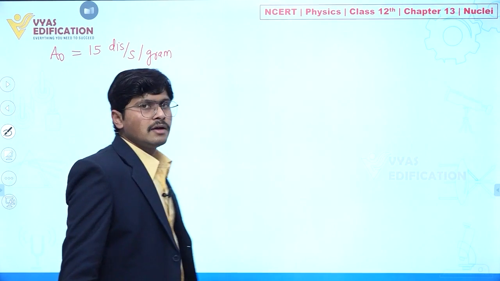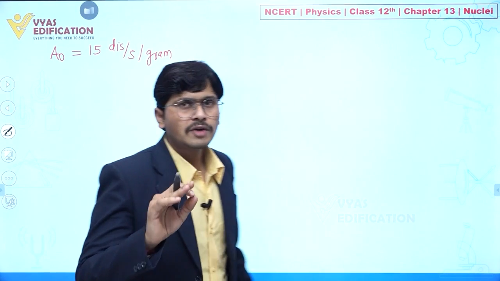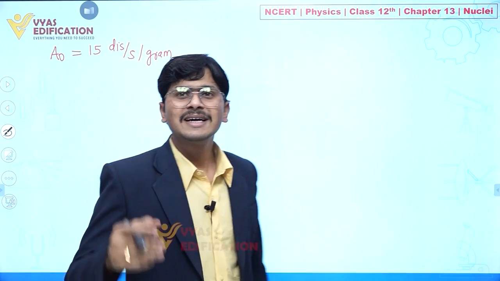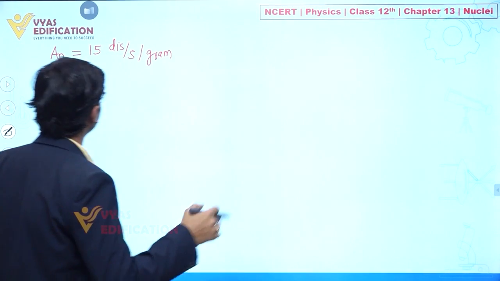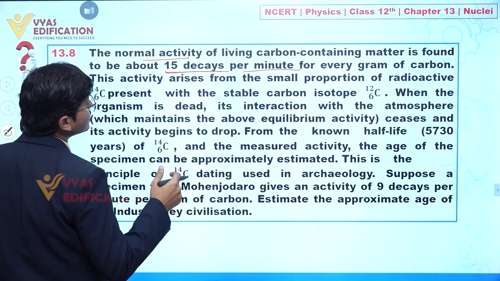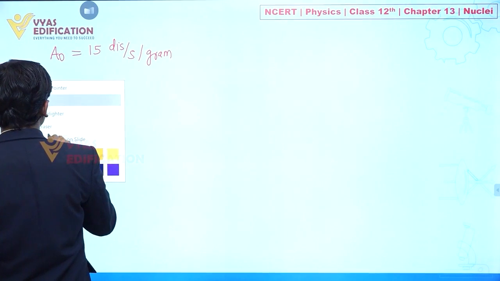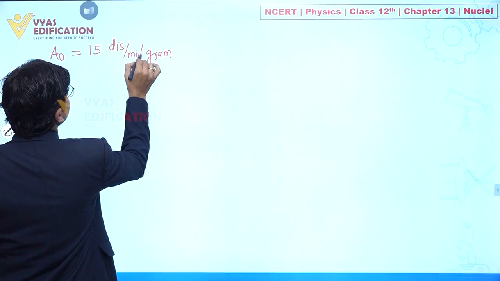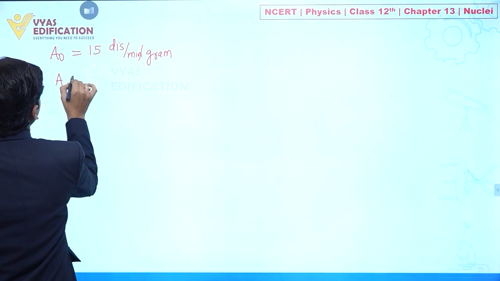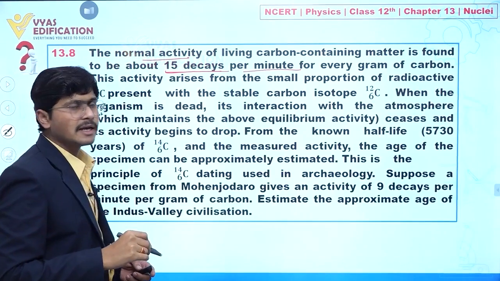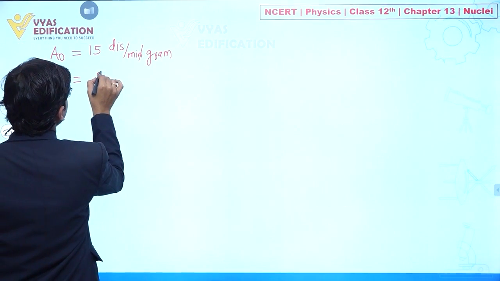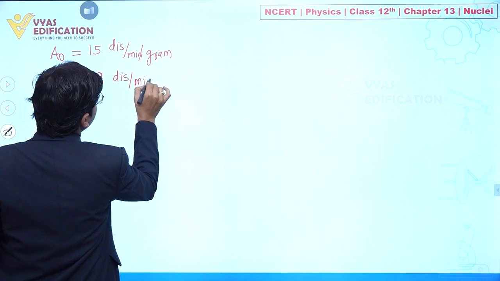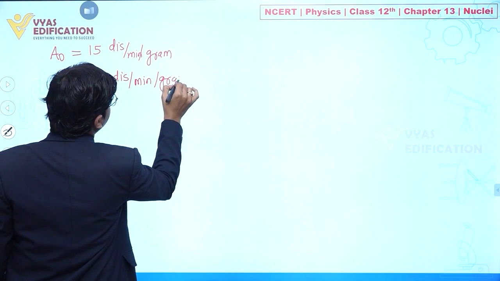Now we have to find at what time the activity becomes 9 decays per minute per gram. So at that time we can write capital A as 9 disintegrations per minute per gram.